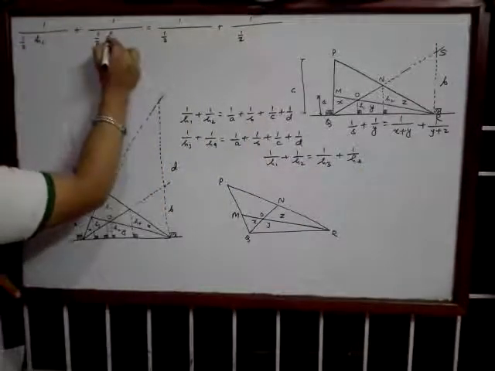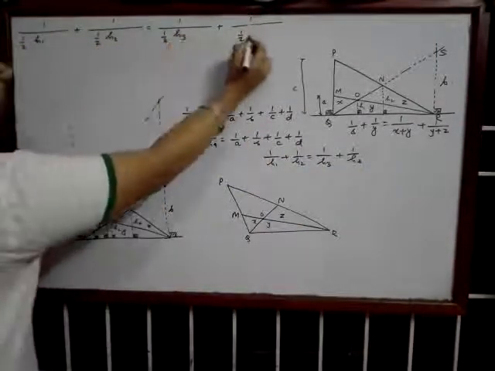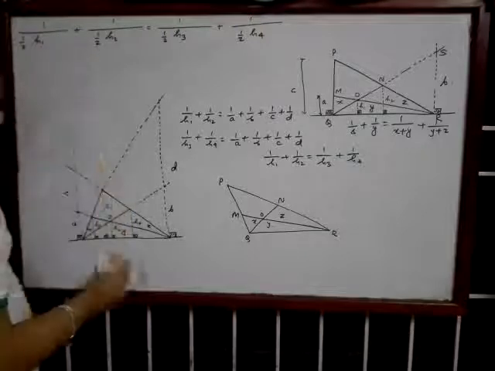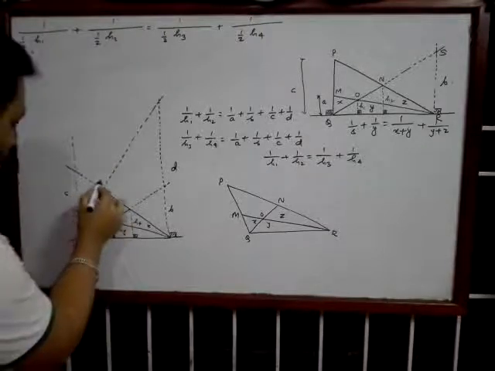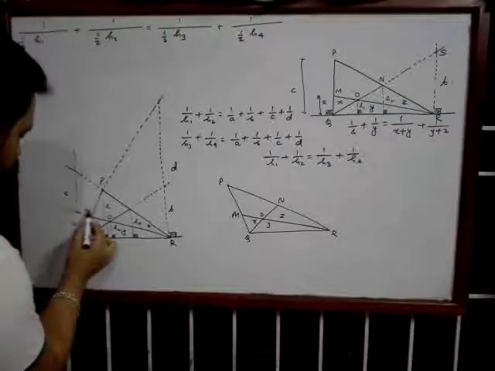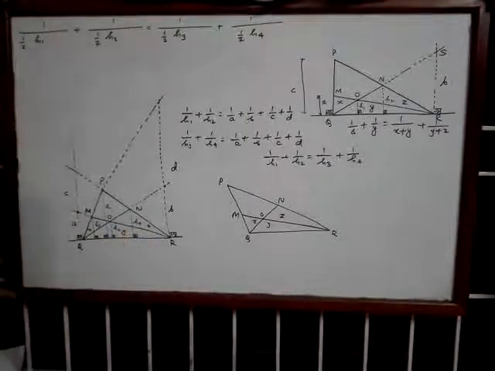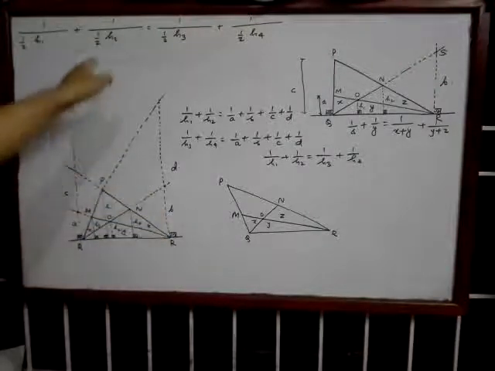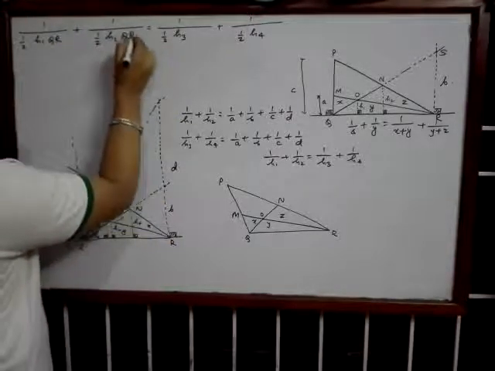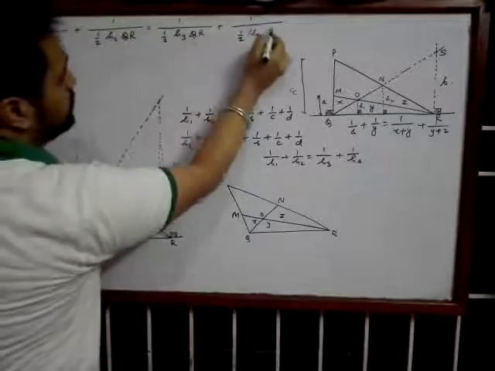Okay. Now, let's multiply. This was P, this was Q, this was R, this was M, this was N. Let's multiply each of the denominators by QR as well.